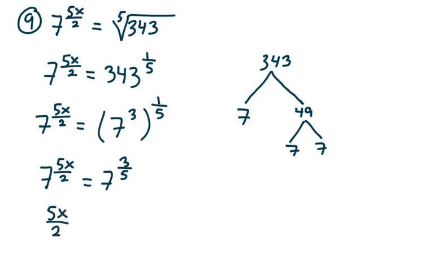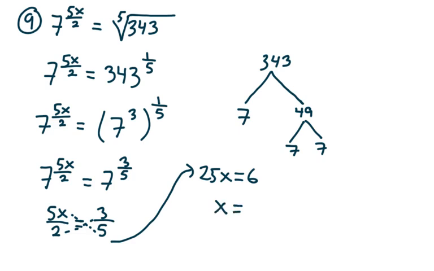So 5x over 2 is 3/5. Would you guys be okay if I cross multiply, right? When I cross multiply, I get 25x equals 6. Solving for x, I get x equals 6 divided by 25. And that's how we do problem number 9.